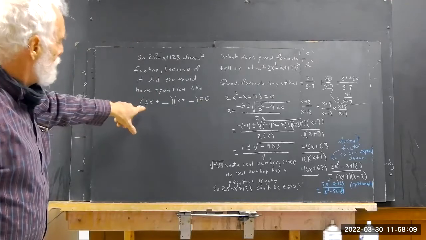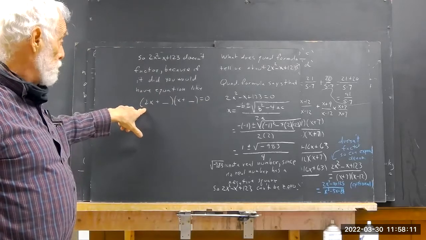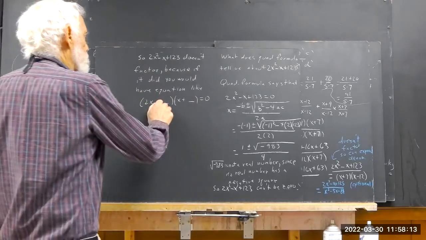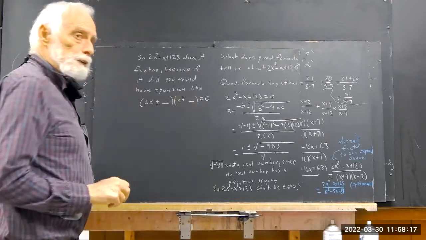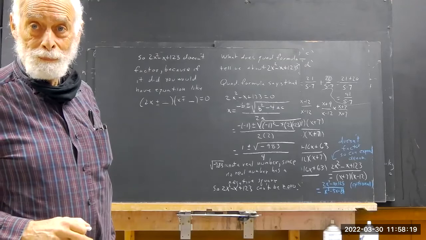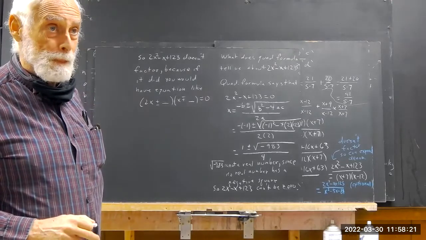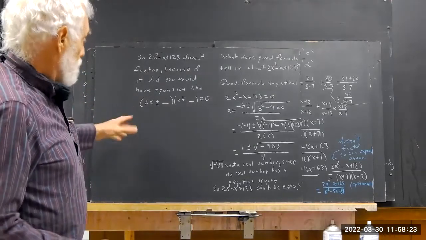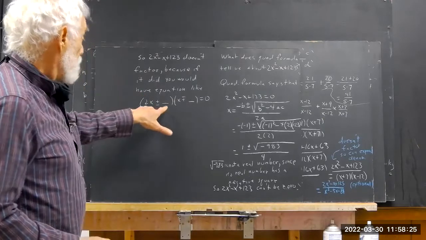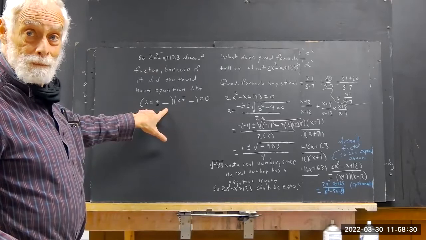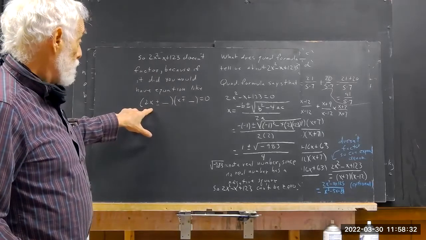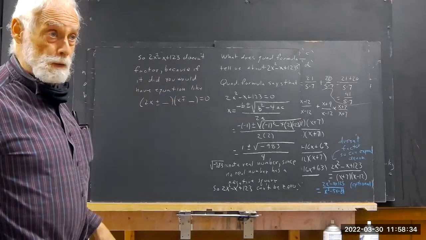If it did factor, you'd end up with a 2x plus or minus some number times x plus or minus some number equals 0. Okay? In other words, if it factored, then set this equal to 0, you'd get a solution. X would just be negative 1/2, whatever you got over here.